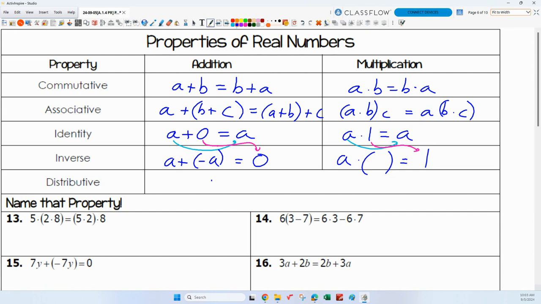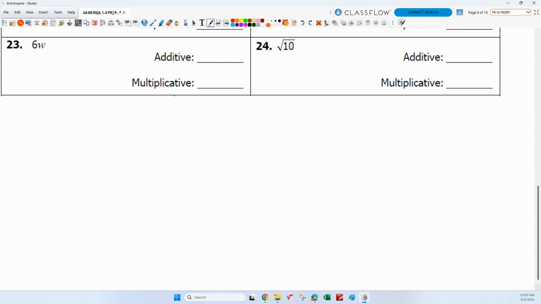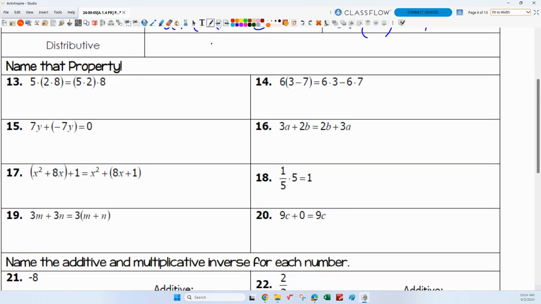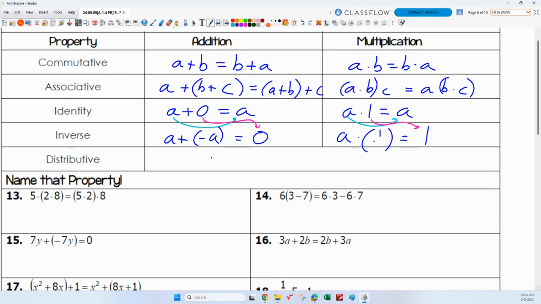Let's think of it as a fraction. A is the same as A over 1, right? Times what equals 1? 1 over A, exactly, because I have to have the same thing on top and bottom. I get A on the top, A on the bottom when I multiply straight across. Agreed? Okay. Good?